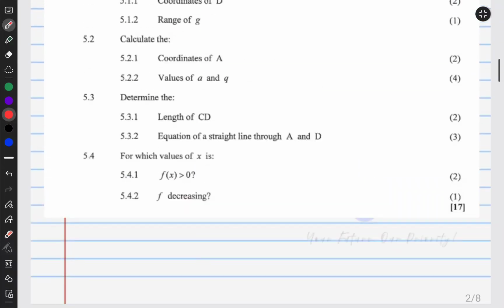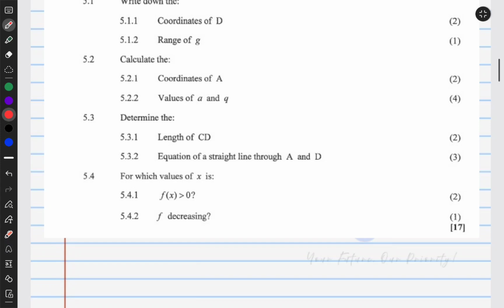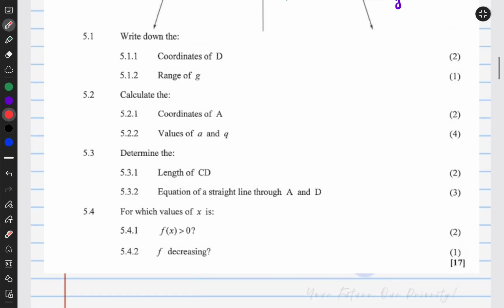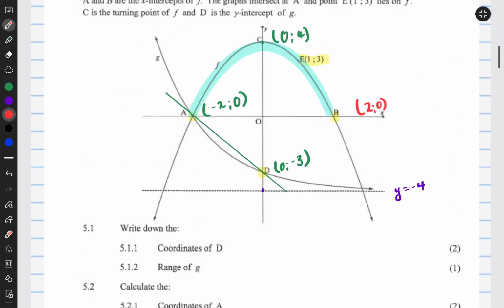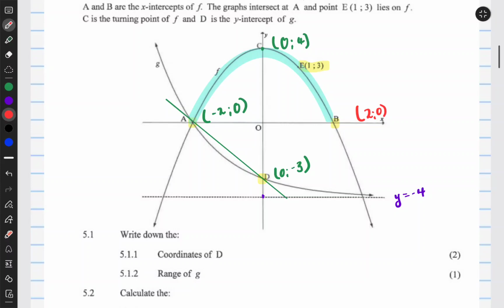And then next we are asked to find where the function f is decreasing. Remember, how do we determine whether a function is decreasing or increasing? The function is decreasing if, as the x values are increasing, the y values are decreasing. Now let's come here.